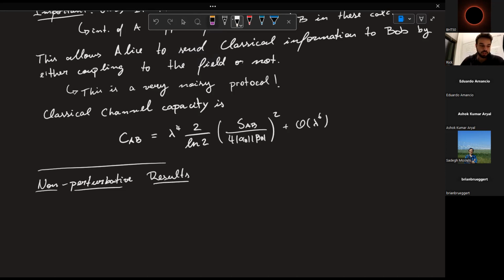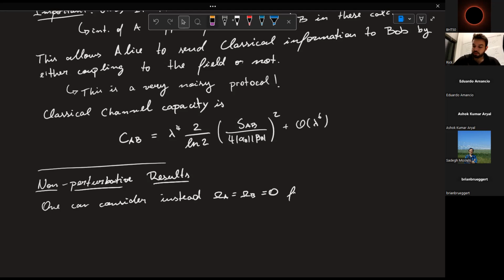So what can we say non-perturbatively, right? So one can consider instead omega A equals omega B, which is 0, for non-perturbative calculations.